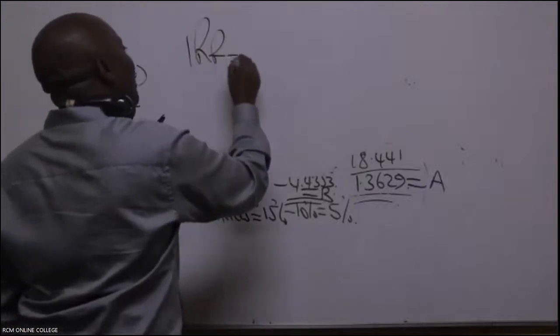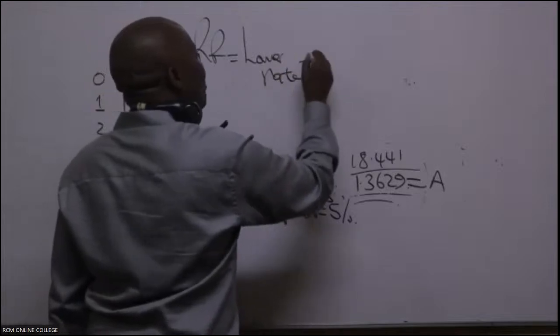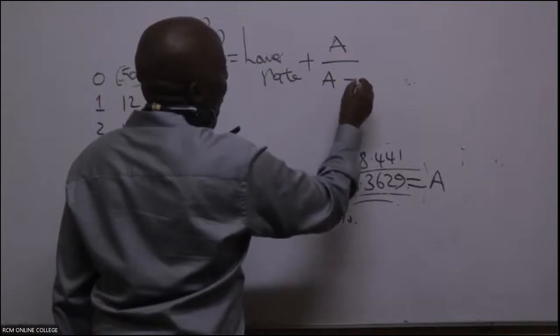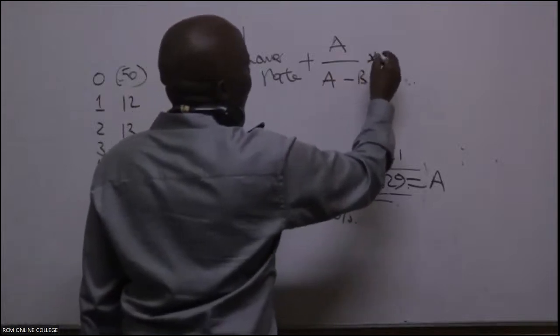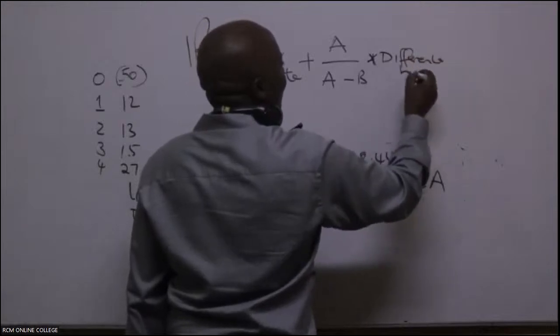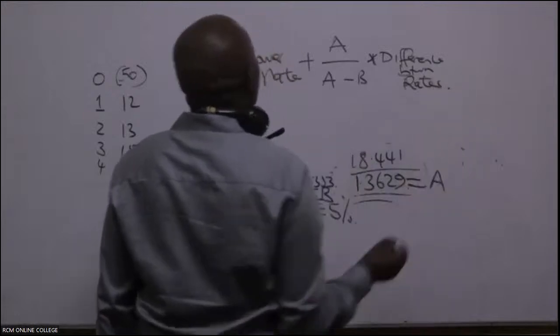IRR equals the lower rate plus R over R minus B times the difference between rates.